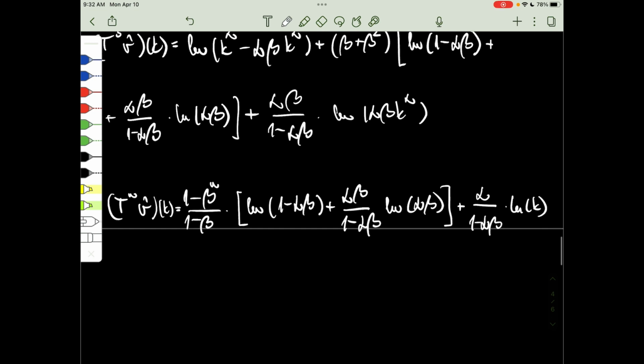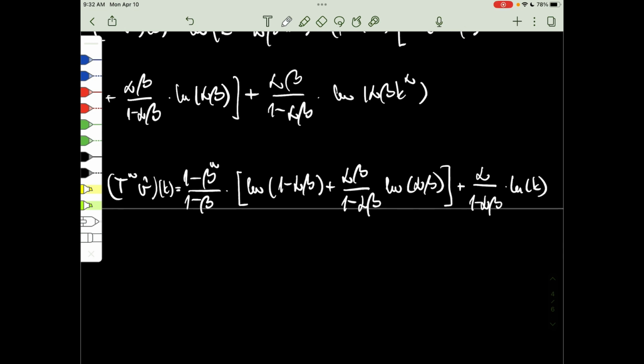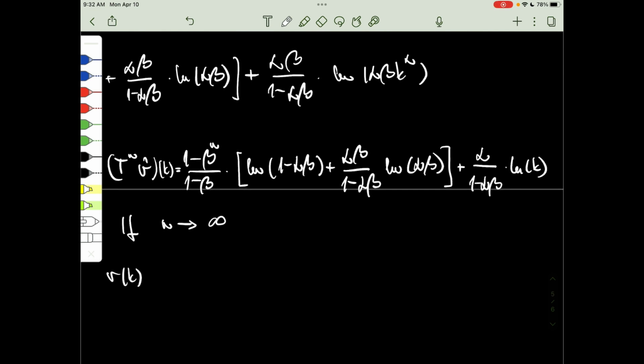So this is the version for a finite n, and if n goes to infinity, we will have this value function. If beta is lower than 1, it goes to 0, so it disappears. I think this is the only difference.